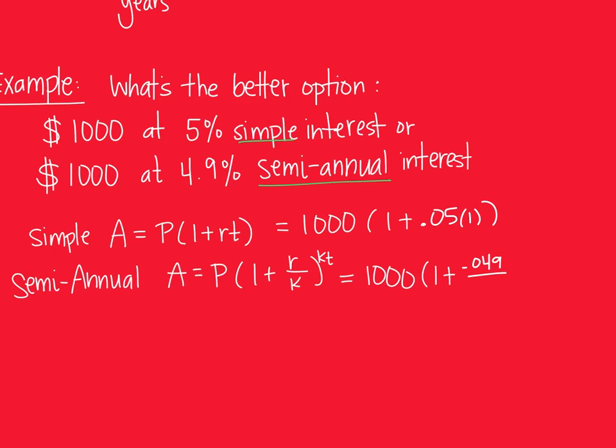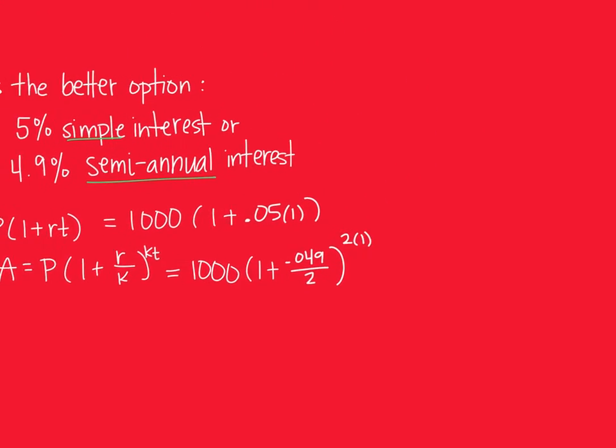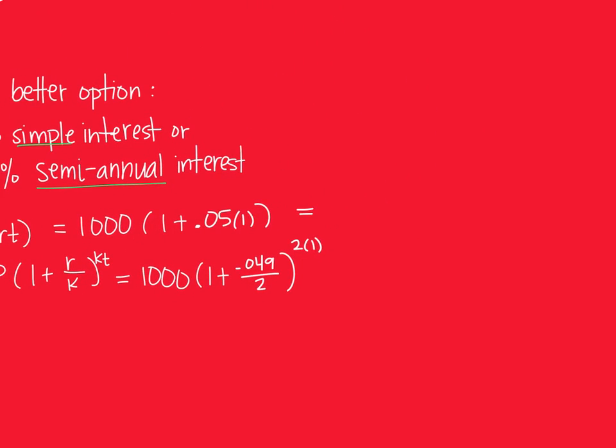Semi means twice. Okay, and so 2 would be what I would use, and 2 again, but 1 for the time. All right, so here's where you want to just grab your calculator and type it in and compare which one ends up with the higher amount. Is it the 5% with the higher percentage, or is it the 4.9 compounded twice?